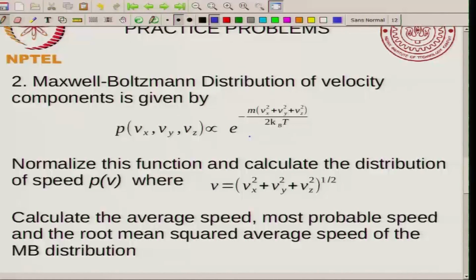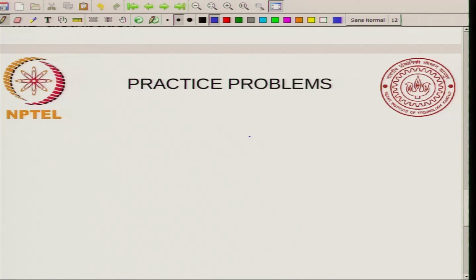Okay. So, just to show how you will go ahead and do this. So, first let us look at the normalization. So, notice that P of Vx, Vy, Vz, okay, is equal to e to the minus m Vx square by 2 kBT into e to the minus m Vy square by 2 kBT into e to the minus m Vz square by 2 kBT.